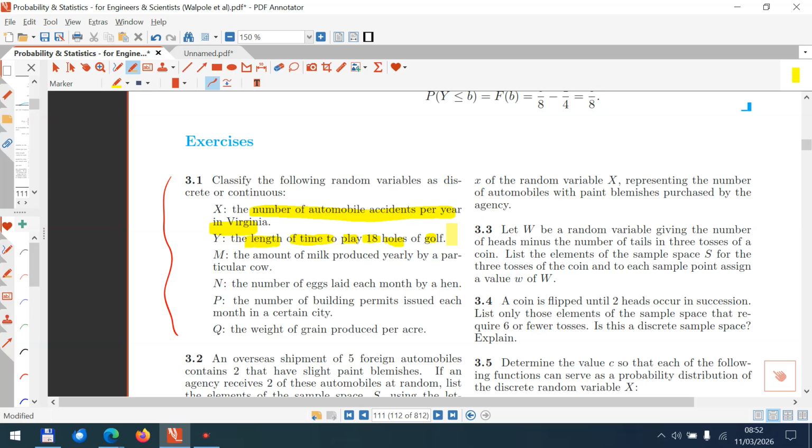Also discrete? No, length of time. They're continuous here, it has to be. He has made one mistake, because in mathematics we have no room for units. So how would you change this description to make it mathematically correct?